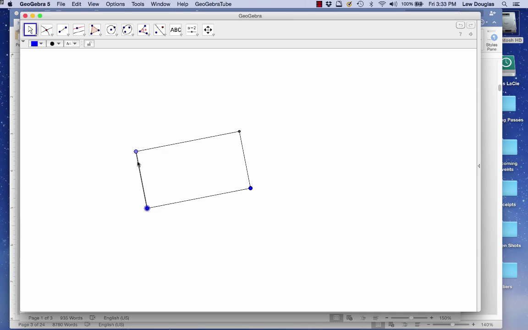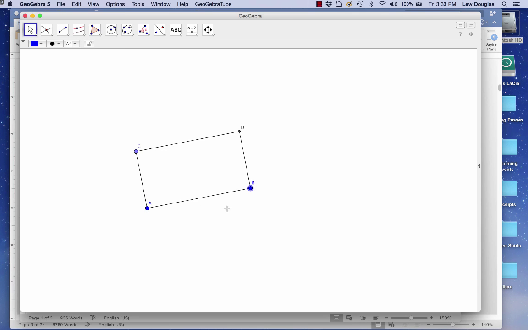So I'm going to show, sorry, I want to show the label. So there's A on show the label. Now I may not like the order in which I did the points, because usually we go around the figure.